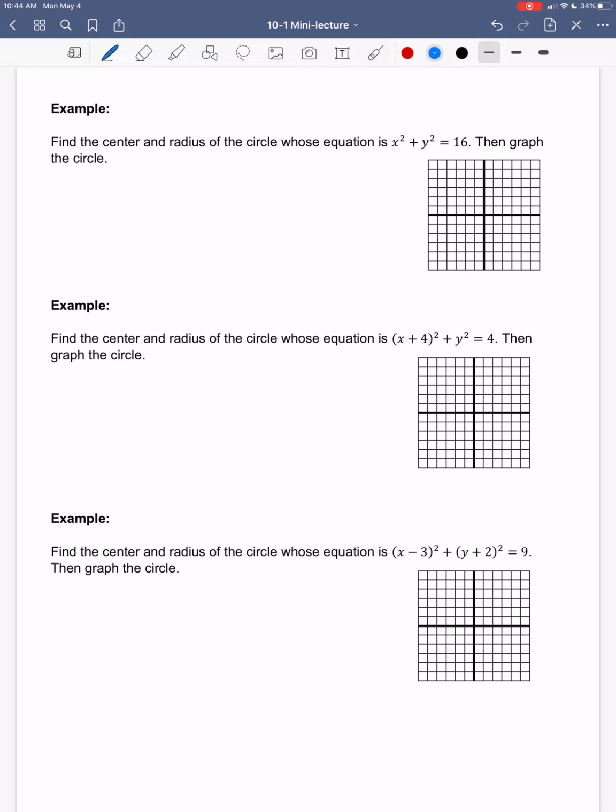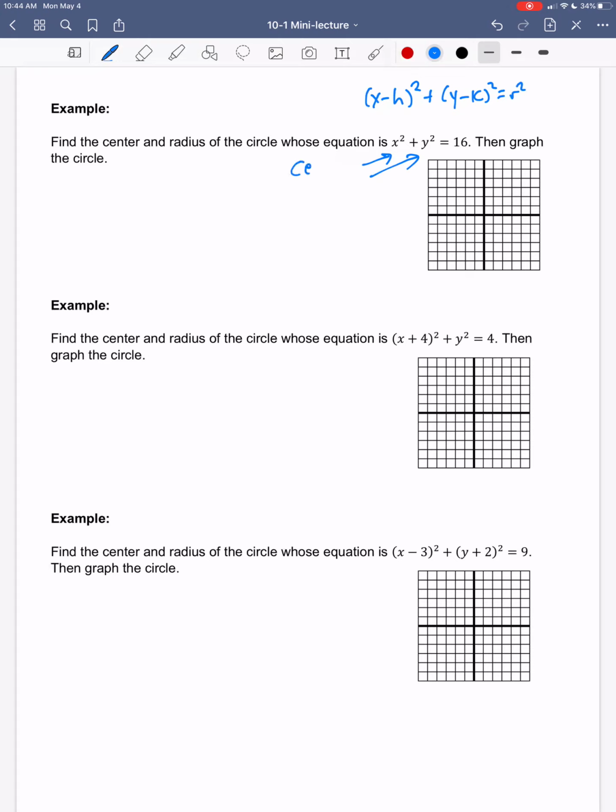All right, so we're trying to find the center and radius of the circle that has this equation, and then we're going to graph it. Remember, in general, it's x minus h squared plus y minus k squared equals r squared. And so in this case, if I just have the x or the y squared without any numbers in the parentheses, that means those numbers would really be 0.